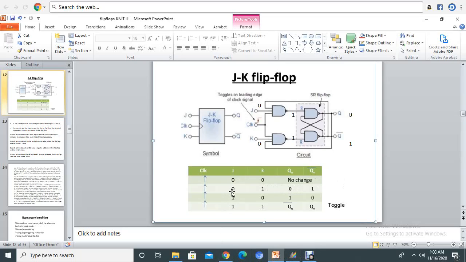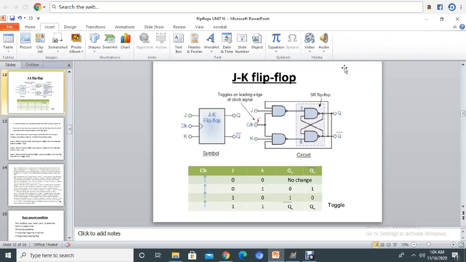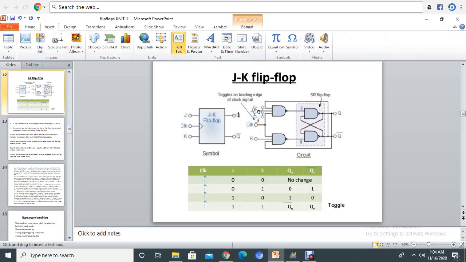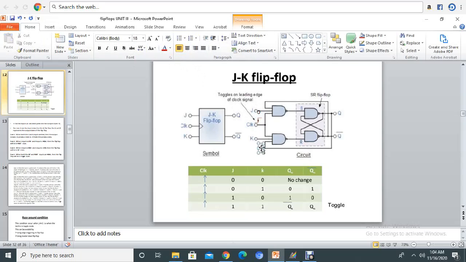Next I am applying J is equal to 0, K is equal to 1. K is equal to 1.